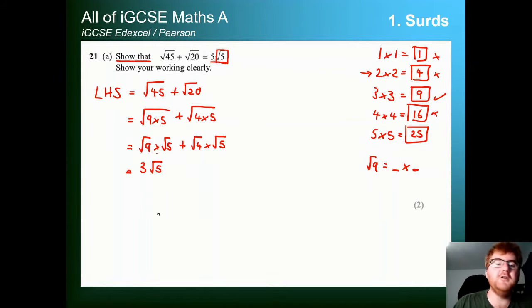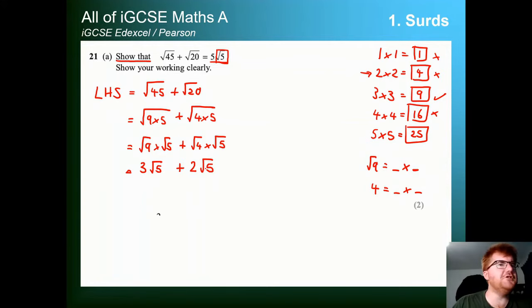Remember, with algebra, you don't have to write the multiplication symbol. So 3 root 5 means the same as 3 times root 5. And likewise with the square root of 4. Let's think of two numbers that multiply to give me 4, and both are the same. That's going to be 2. So the square root of 4 is 2, giving me 2 root 5.